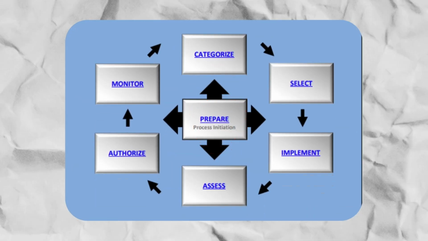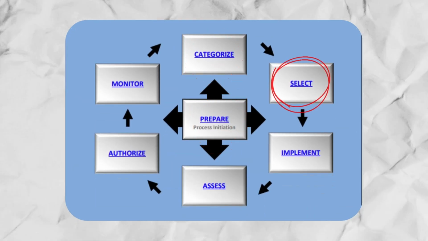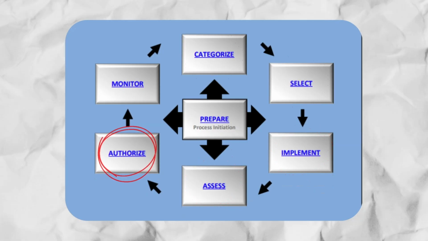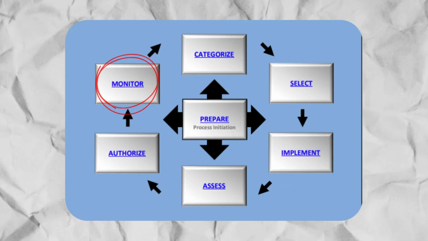Step 1 is prepare, Step 2 categorize, Step 3 select, Step 4 implement, Step 5 assess, Step 6 authorize, and Step 7 monitor. Now, you'll often hear Step 1 prepare as Step 0, as this was added during Revision 2, and Revision 1 did not have the prepare step to begin with. Now, let's discuss what these are and how they affect the process.